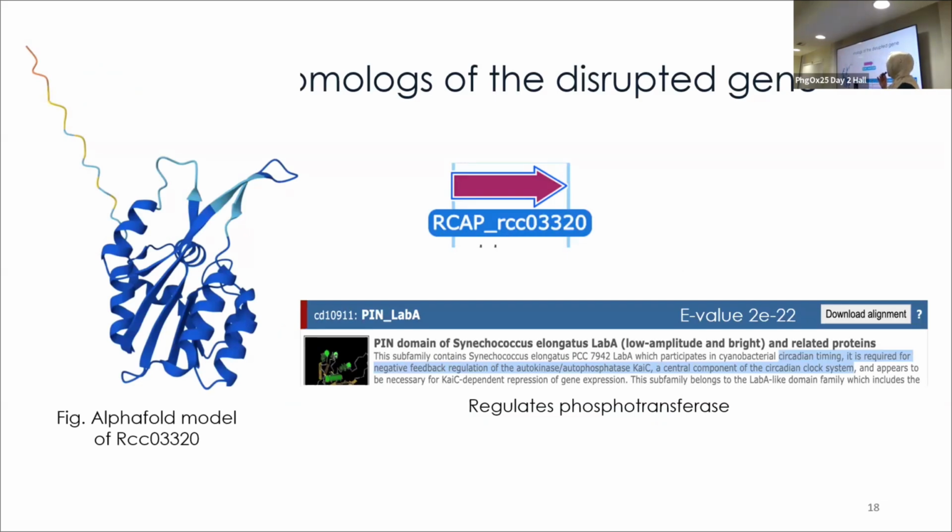So it is safe to assume that the 3320 protein performs a similar regulatory function in Rhodobacter capsulatus as well. But because I'm specifically interested at the receptor level, we plan on doing the same LPS analyses on this Rhodobacter capsulatus labA mutant as well.